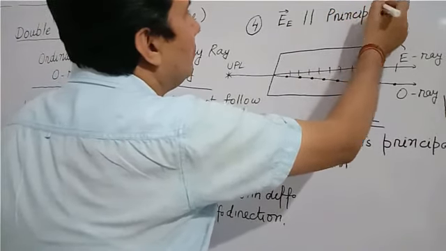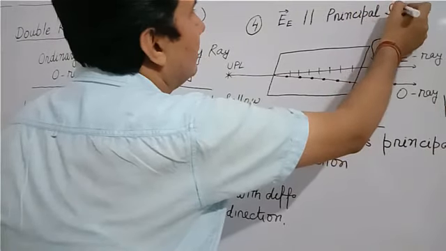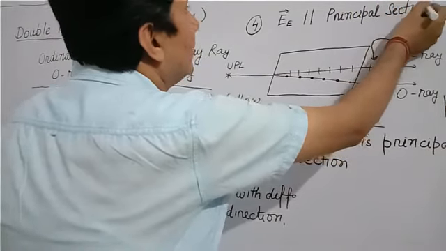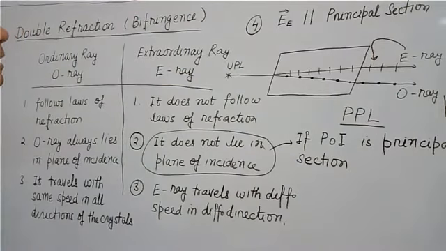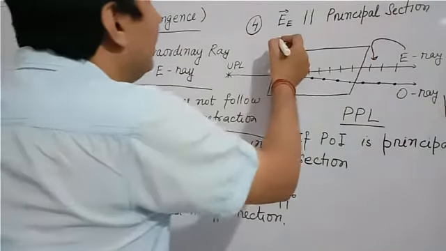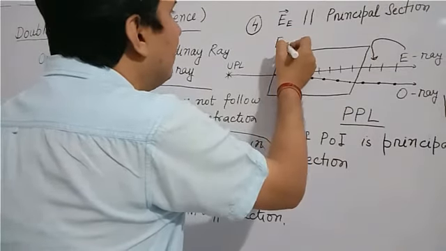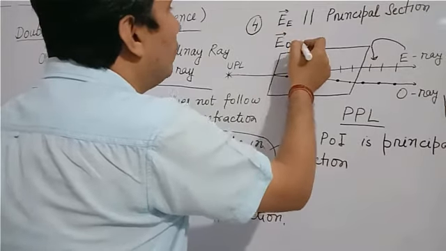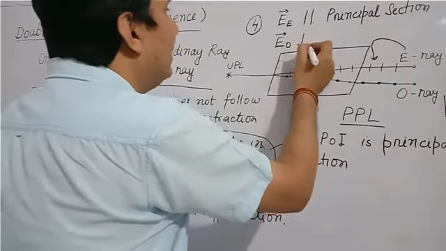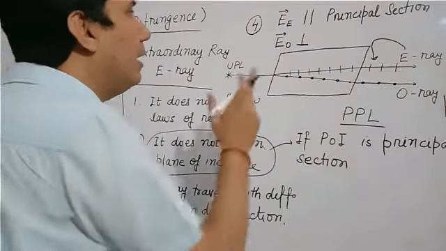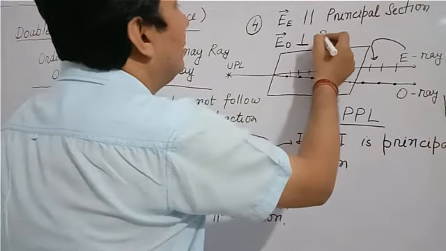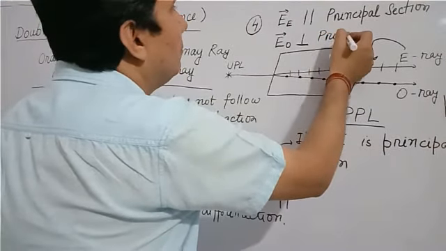They will always be parallel to the principal section. While for the O ray, you will always find that the electric vectors of the O ray are always perpendicular to the principal section.